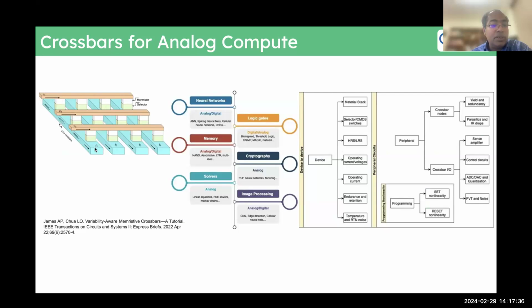Each of these nodes with a memristor is like a conductance value. And the currents here will simply be a weighted summation of those conductances and the voltages, which is similar to how weighted summation, or MAC, multiply and accumulate operation, happens in a single neuron.